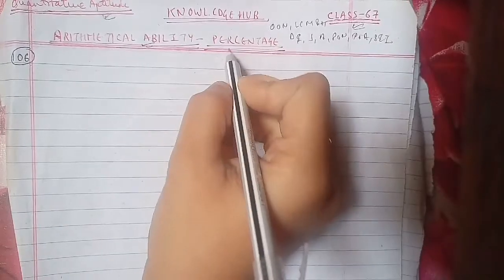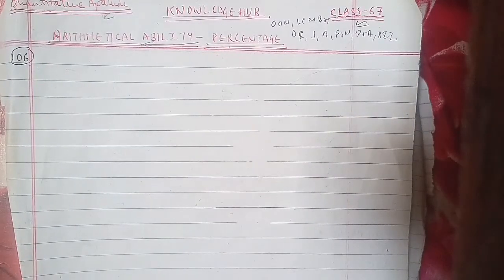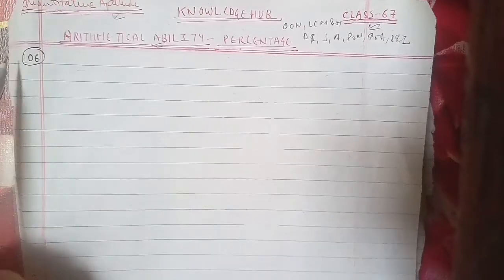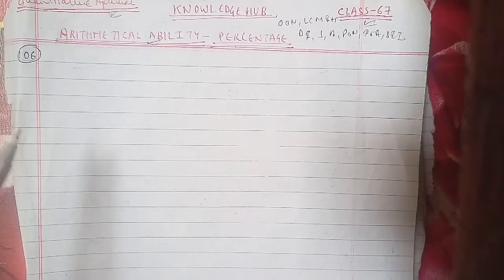This is the 10th topic that we are dealing with here, percentage. That is an important one as well. As you can see, we were on the 105th question in the last class. Today we'll start discussing the 106th question of the session.